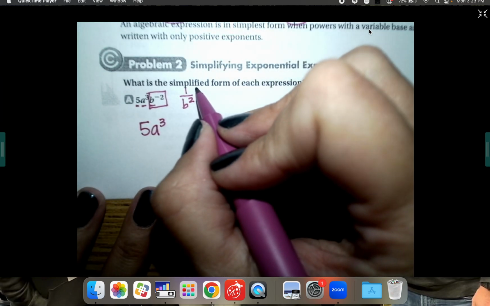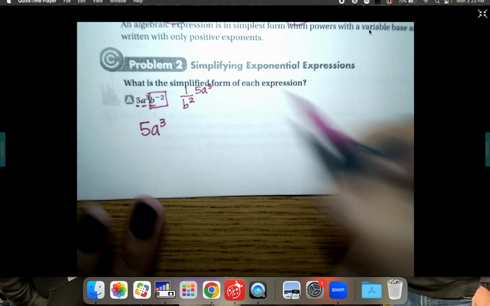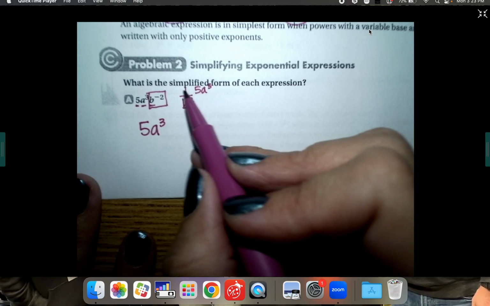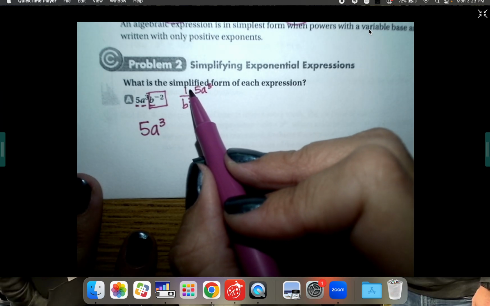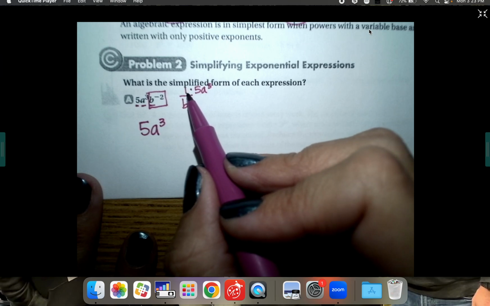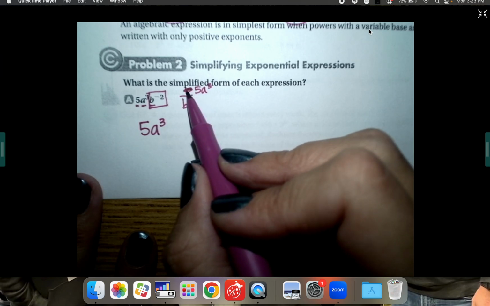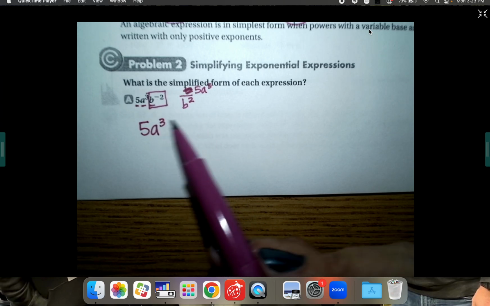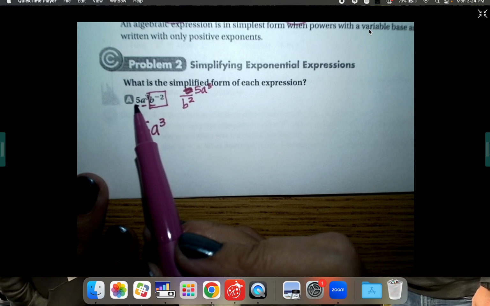So it's like we still have 5a to the third up here. So times 1, because if it's all squished together on the numerator, we're assuming they're being multiplied. 1 times anything is just the anything. So anytime you have a b to the negative second, it's going to flip to the bottom under what was already there.